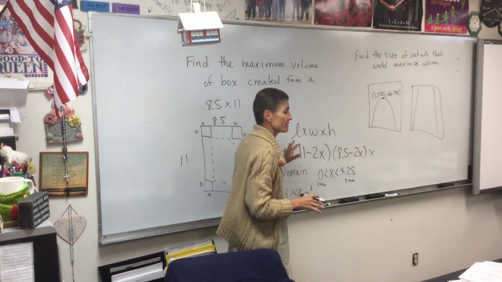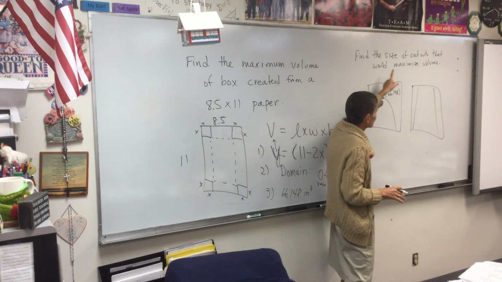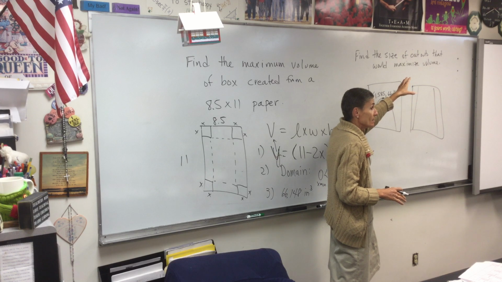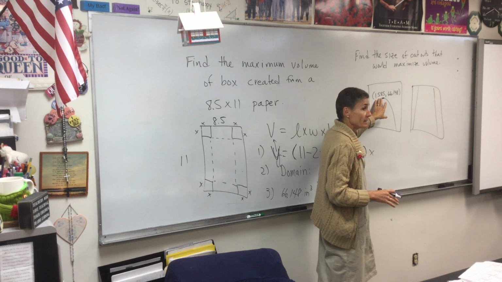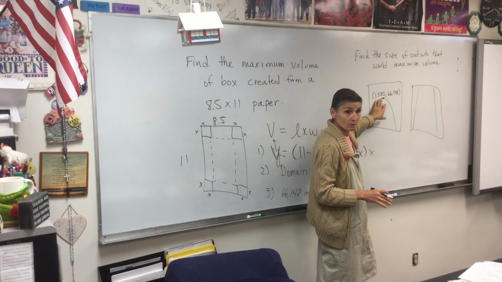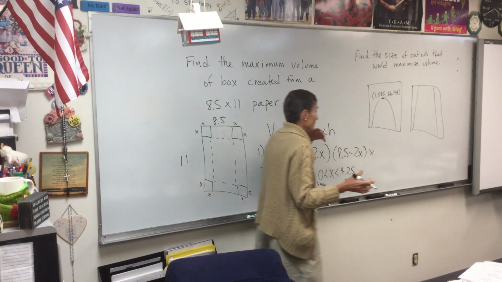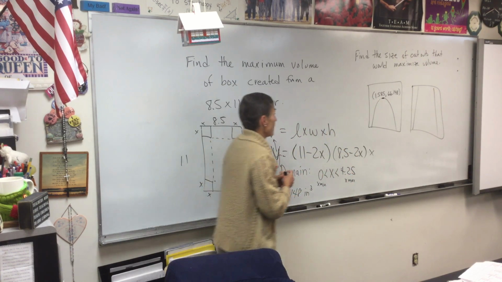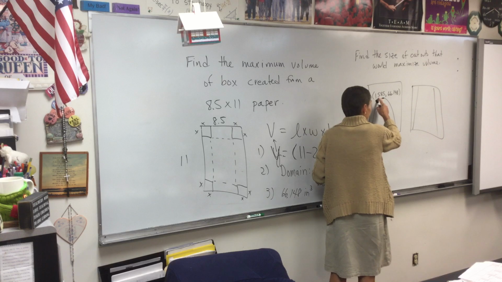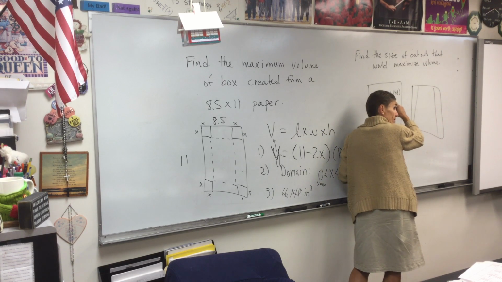Everything would be exactly the same, except if we wanted to find the size of the cutouts, then the answer would be 1.585, the X value. So you just have to read the problem carefully to decide if you're interested in the X value or if you're interested in the actual volume.